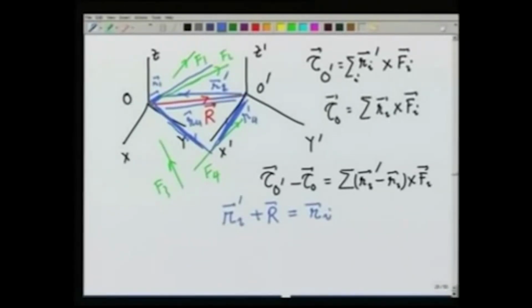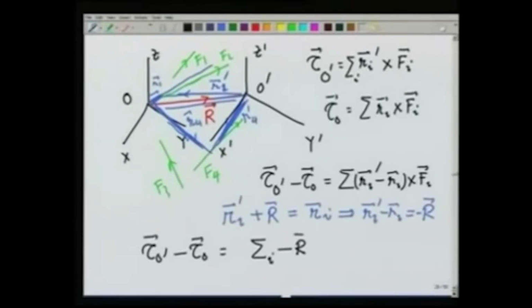So, R i prime plus R is in general R i, and therefore R i prime minus R i is equal to R with a negative sign, and therefore tau O prime minus tau O is equal to the summation over i of minus R cross F i. R being the same vector, I can write this as minus R cross the summation over i of F i. That is the difference between the torques taken about point O prime and point O.